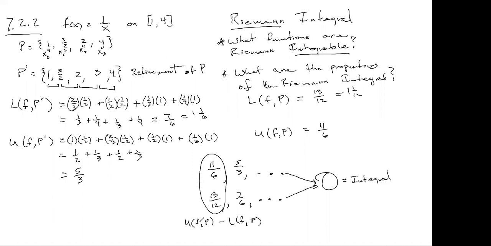If this function is integrable, that difference should converge to 0. So if we're just trying to prove that something's integrable, we're not necessarily interested in what the integral is equal to, we just want to prove that it's integrable. In essence, we need to show that the difference between the upper sum and the lower sum tends to 0 as we refine the partition more and more.